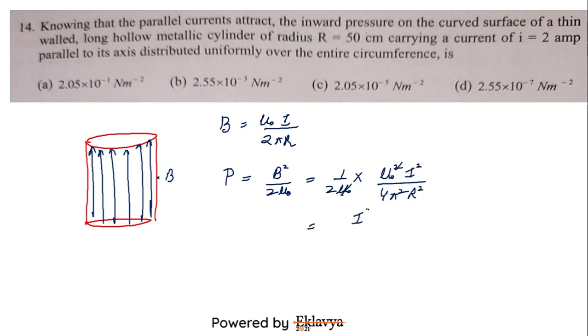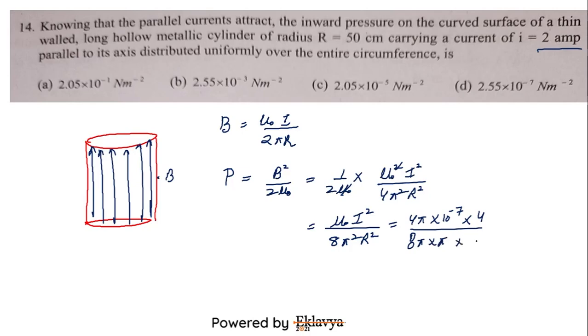So I square into mu naught divided by 8 pi square r square will give you the answer. Mu naught can be written as 4 pi into 10 raised to power minus 7. I square will become 4 because I is 2, divided by 8 pi square, which can be written as 8 pi into pi, and then we have r square.